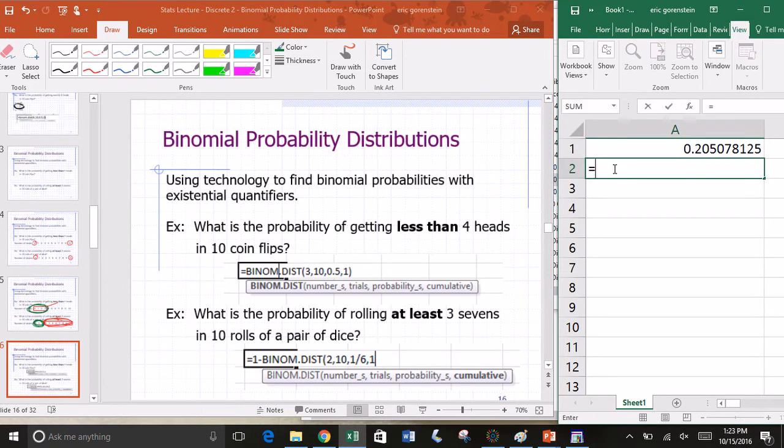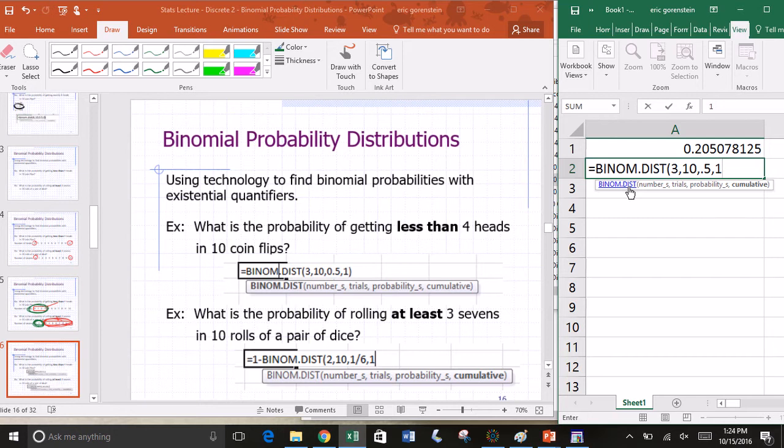So when I'm using the binomial distribution function, number of successes, I'll say 3. Number of trials, I'll say 10. Probability of one success is, in this case, 0.5. And cumulative function, now I'm going to say 1 for true, or yes. Yes, I want to use the cumulative function.